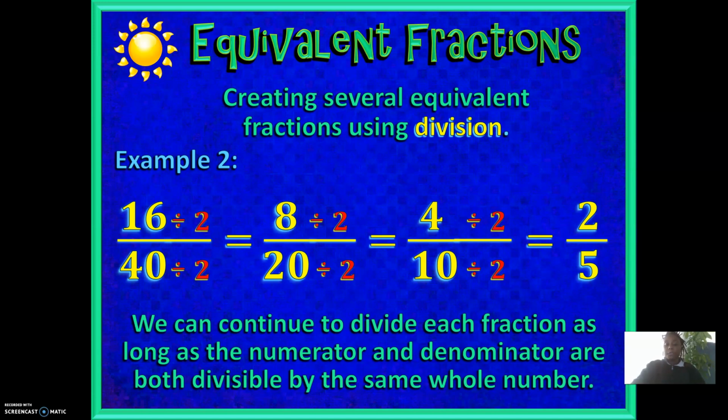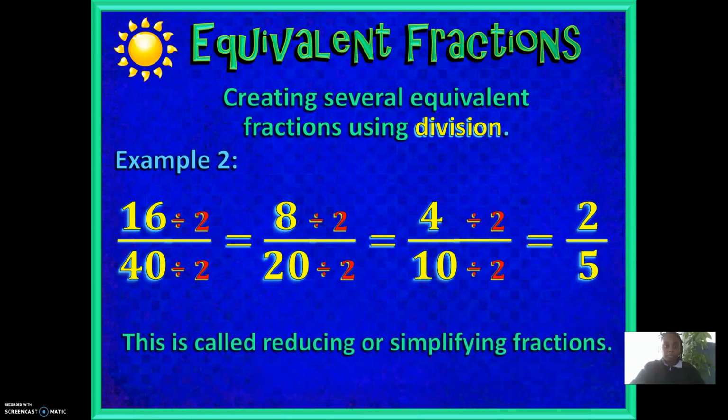If we look at 2/5, 2 and 5 are both not divisible by 2. We could divide 2 by 2, but we couldn't divide 5 by 2. We call this reducing or simplifying fractions whenever we are finding equivalent fractions using division.